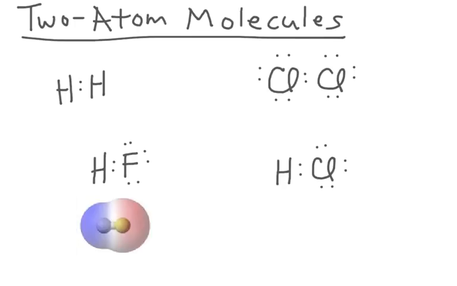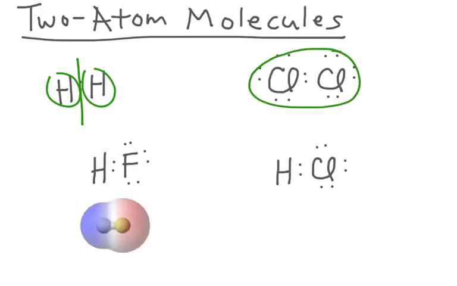Now when it gets to a two-atom molecule, some of them will be polar, some will be non-polar. And the big test here is, can we look at the molecule and have two different ends on that molecule? Now if it's two atoms that are exactly the same, no matter how you draw a line, it's going to be the same on both sides. So this is definitely going to be non-polar. Same thing here, two chlorines, definitely going to be non-polar.